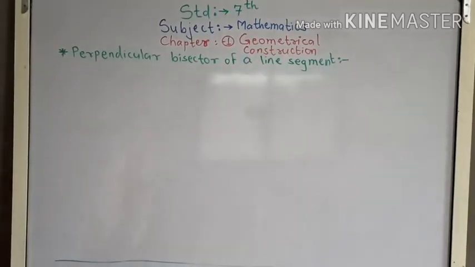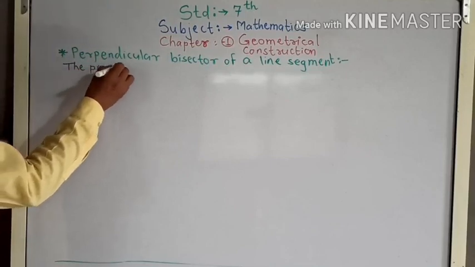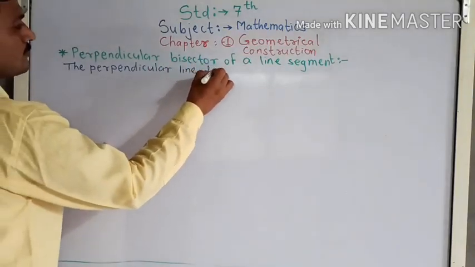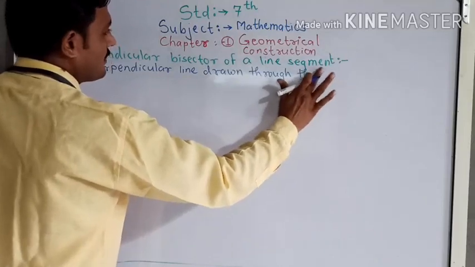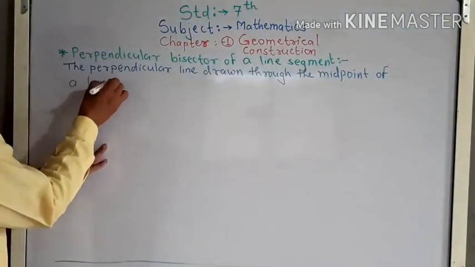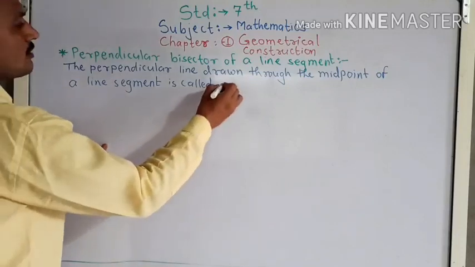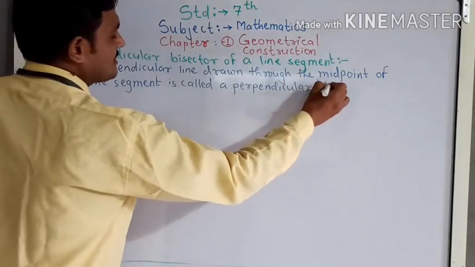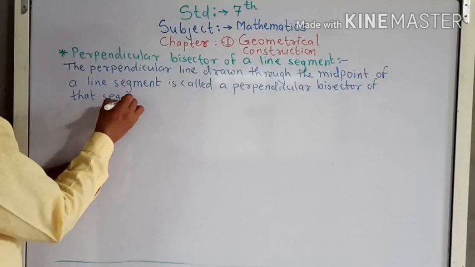Perpendicular bisector of a line segment means the perpendicular line drawn through the midpoint of a line segment is called a perpendicular bisector of that segment.